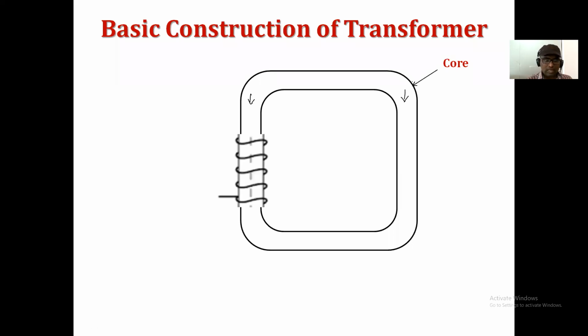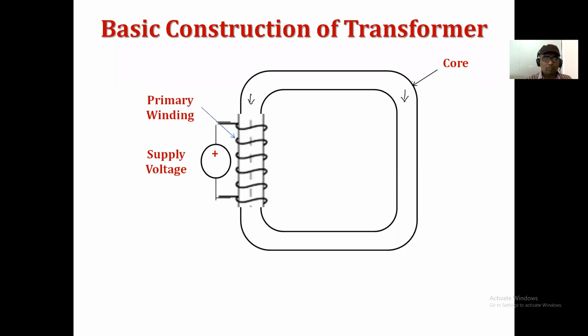Suppose I consider this the primary winding. Why do I say primary winding? Because it will receive the energy, so it is considered to be connected to the supply. This is connected to the supply voltage. Suppose the supply voltage is V1 volts, so this winding will receive the energy, so it is called the primary winding.